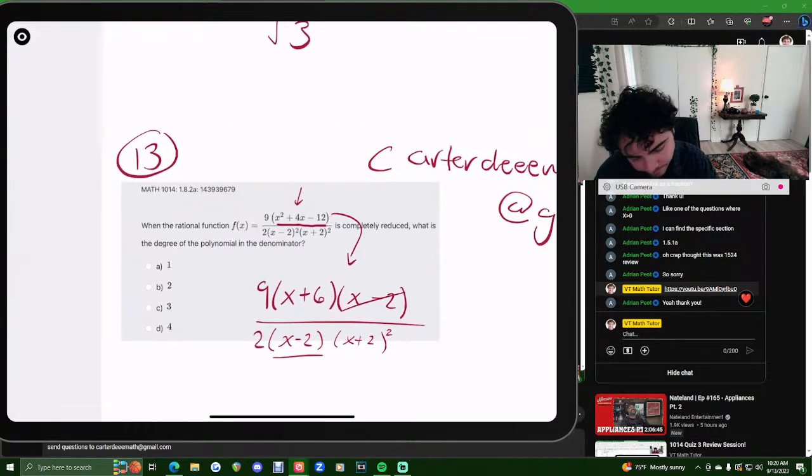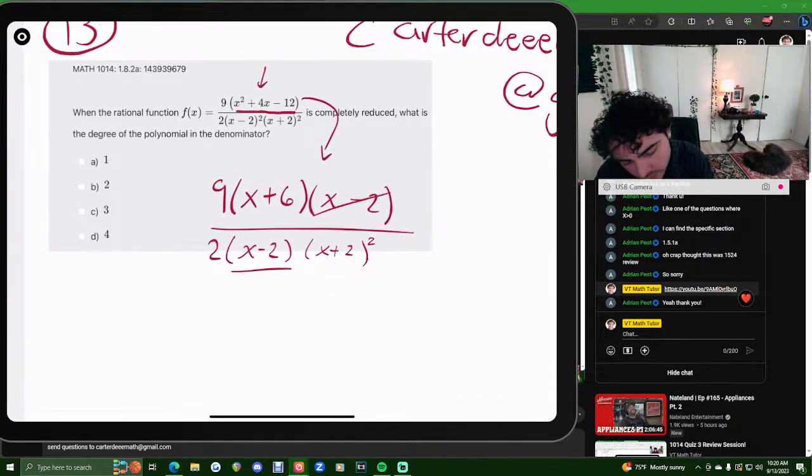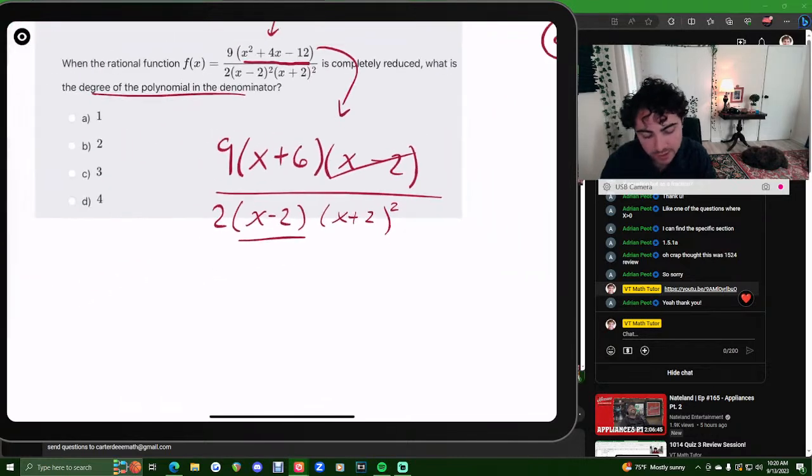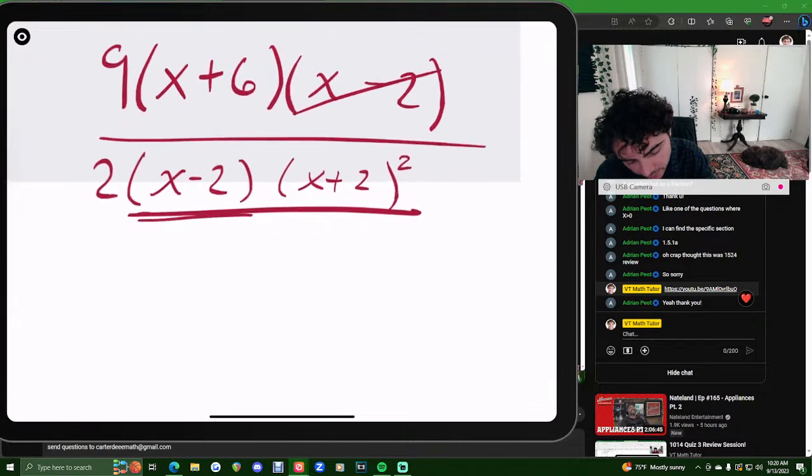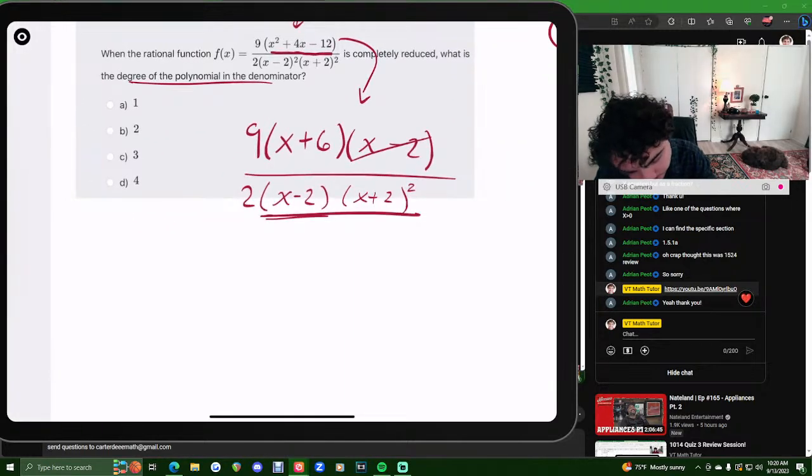So now, keep in mind, they ask, what is the degree of the polynomial in the denominator? So if this is as simplified as we can get, we now want to think about what would happen if we expanded this denominator, if we multiplied it out. Well, we'd have one x term, and we'd have this x term being squared.